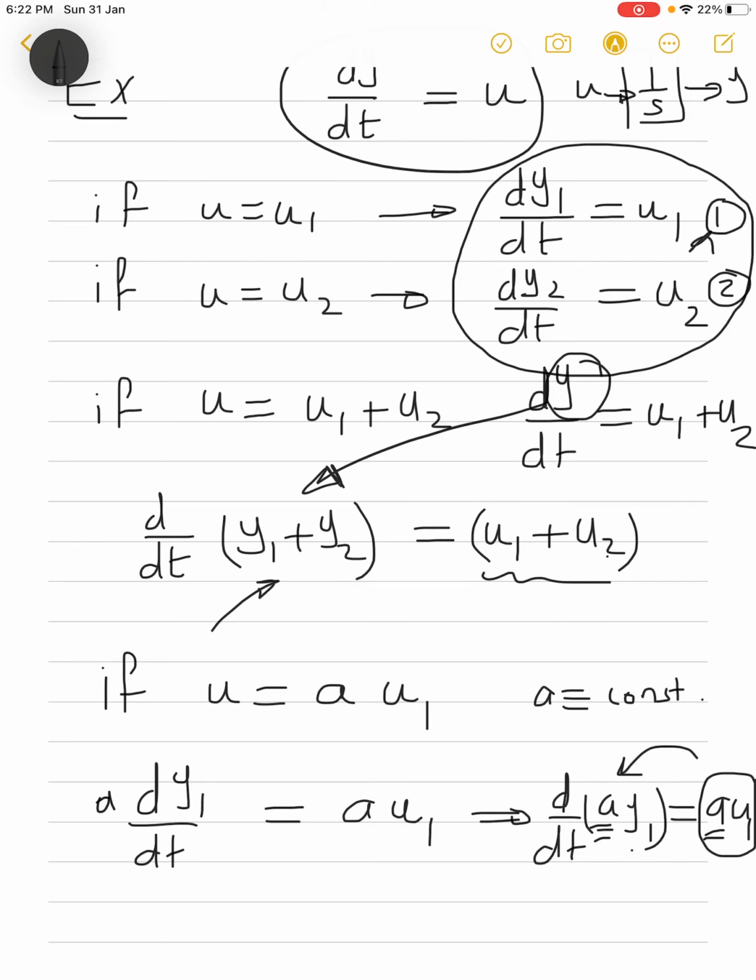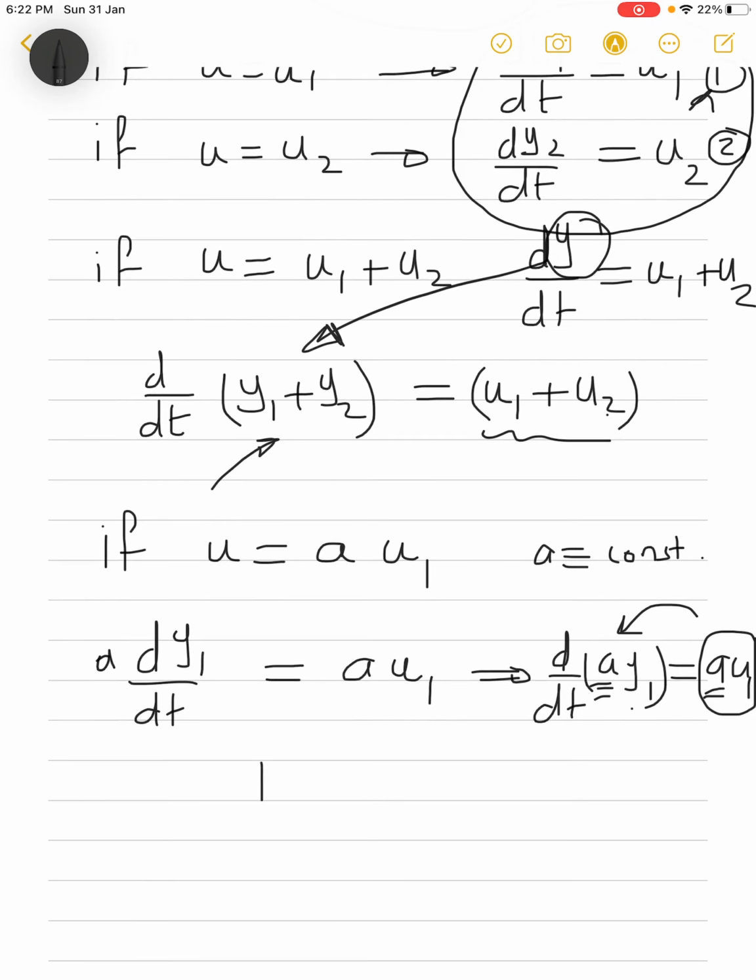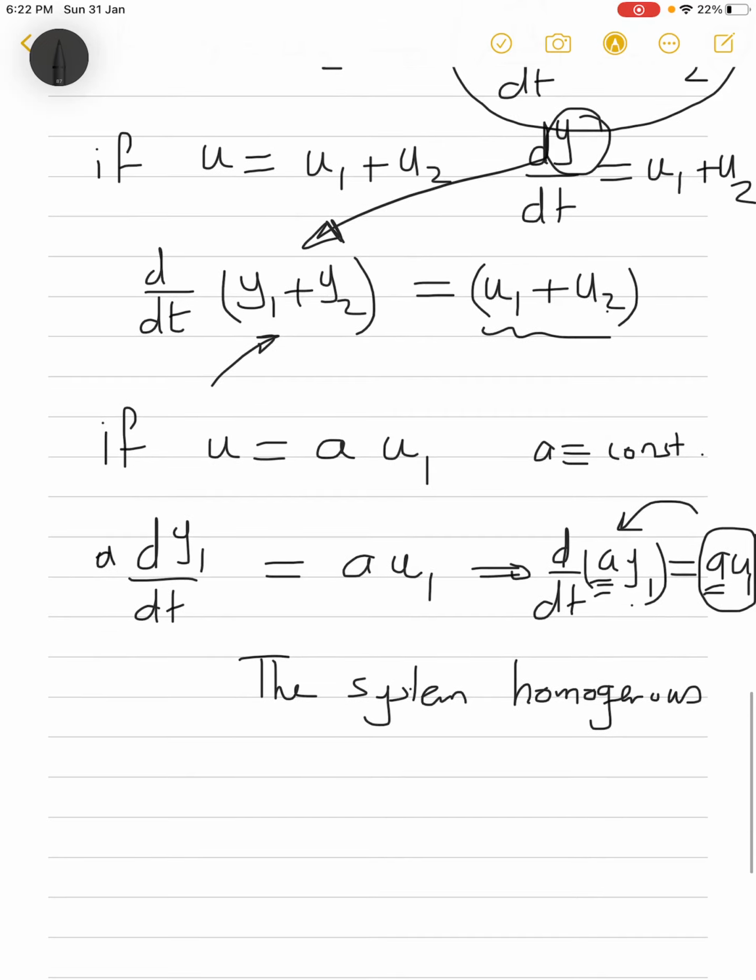So I conclude that the system is homogeneous, and consequently I conclude that the superposition is satisfied, and consequently that the system is linear.